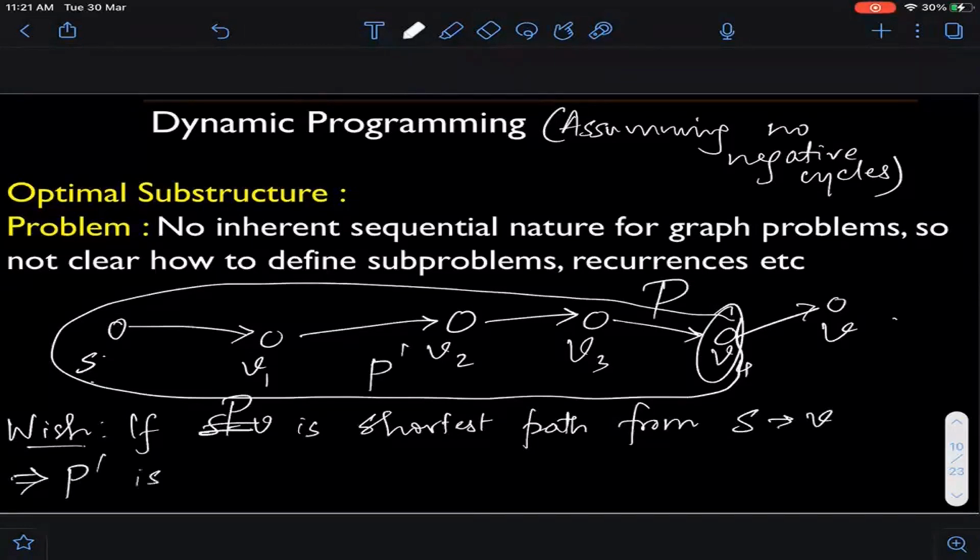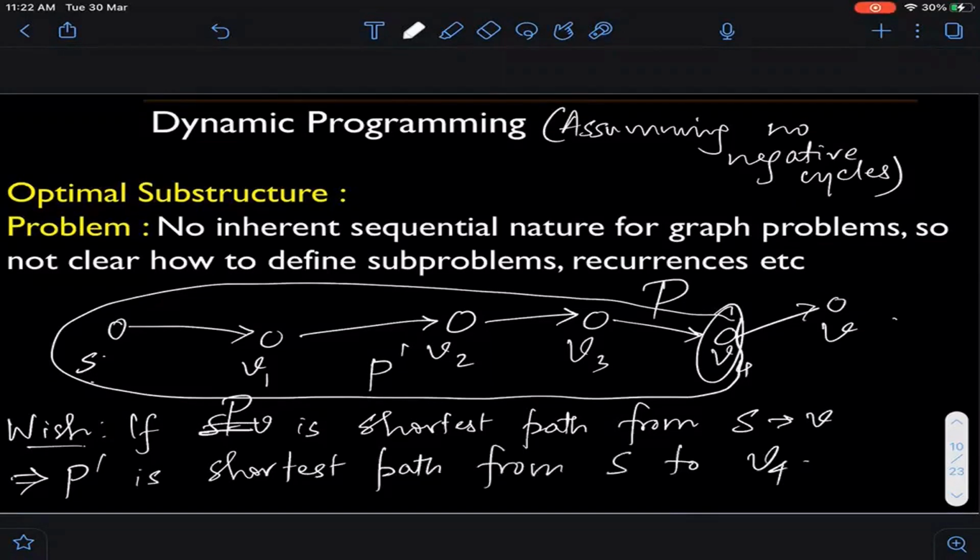P prime is shortest path from S to V4. ठीक है? Okay. Now, is this true? ये तो wish लिख दिया हमने, but now can we claim that this has to be always true? And if yes, then how do we prove that this is true?